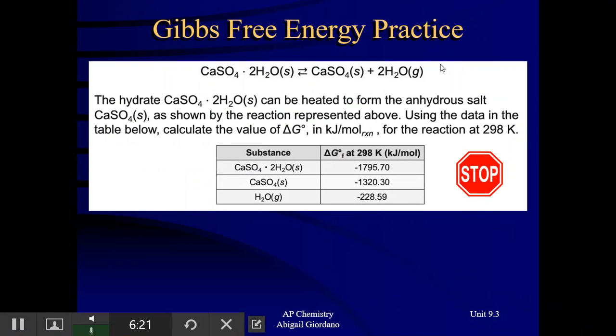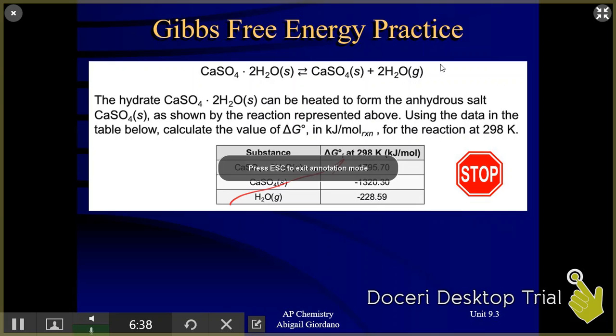Okay, now just to make sure that you guys remember how to do that whole products minus reactants business, you're given a balanced equation. Look at the chart you're given, and this is the clue here.